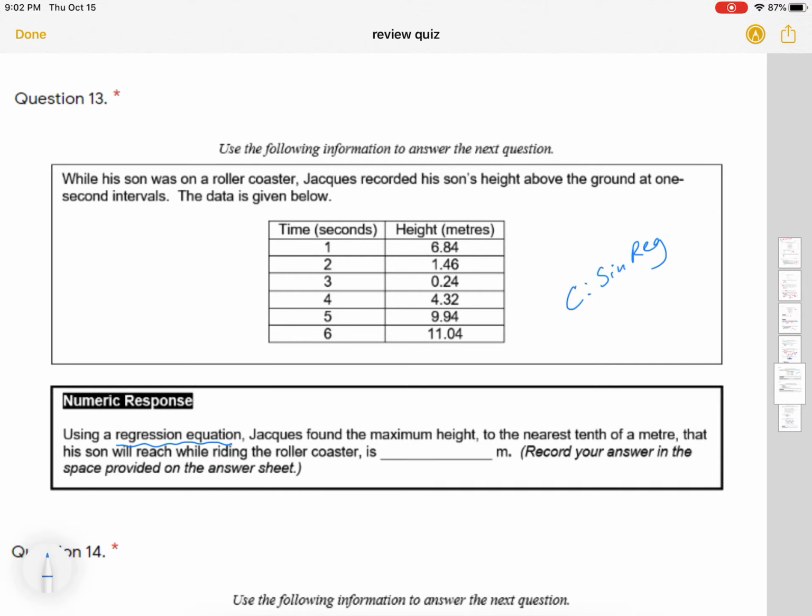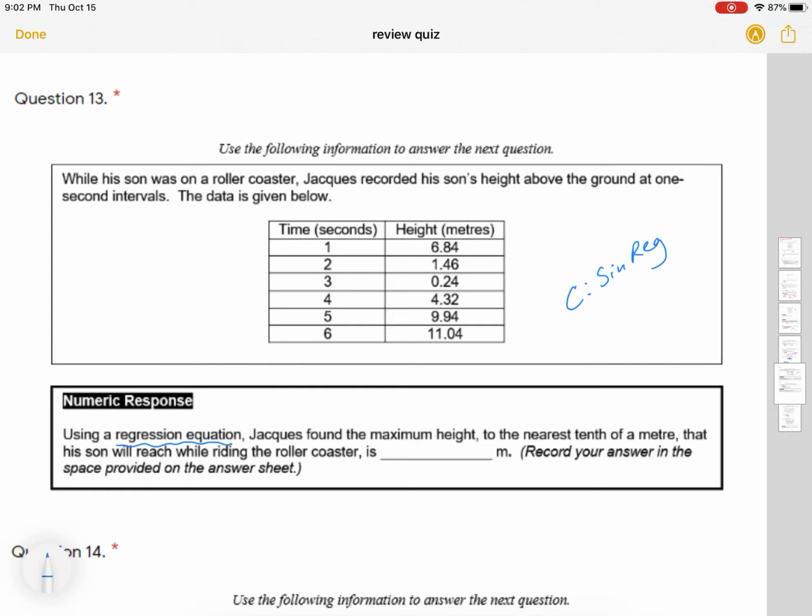Because this is definitely a Ferris wheel or a roller coaster, so it's going to end up being a sinusoidal regression. Jacques found the maximum height, to the nearest tenth of a meter, that the son will reach while riding on the roller coaster is how many meters? Record your answer in the space provided.